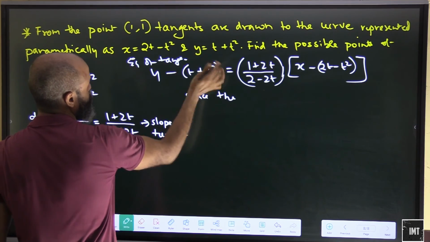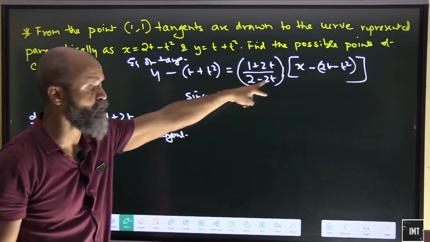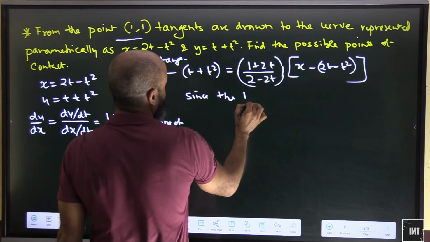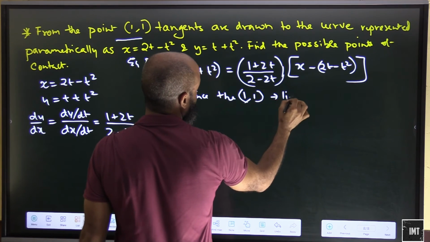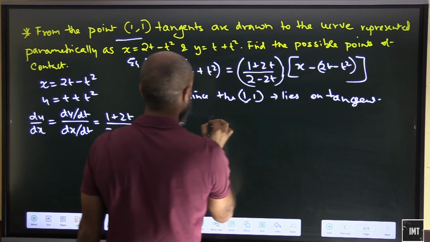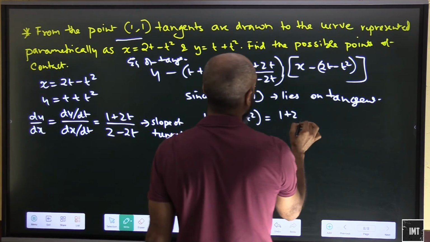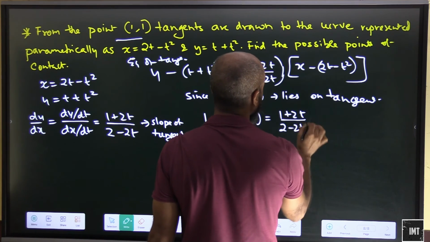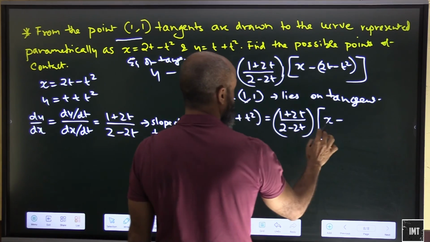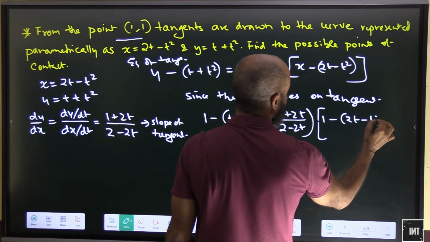We have first found out the slope of the tangent. Now for the equation of the tangent, since this point lies on it, it will fulfill the condition of the curve as well. Since the point 1, 1 lies on the tangent, we can say 1 minus t plus t square is equal to (1 plus 2t) upon (2 minus 2t) into x minus, x is also 1 here, which gives 1 minus 2t plus t square.